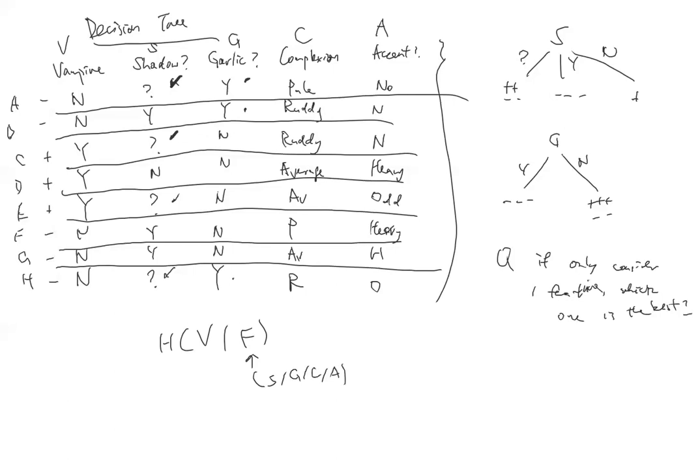Now, F is a good feature. The question: given F, should H of V given F be big or small, A or B?